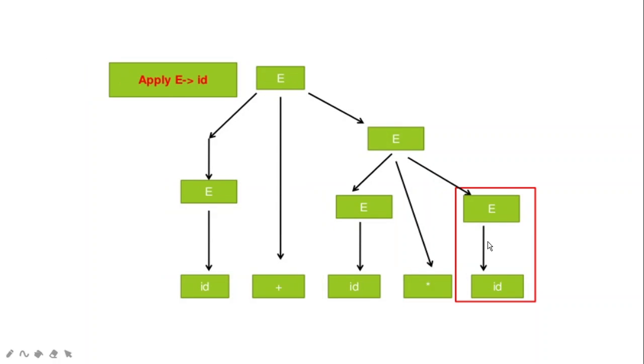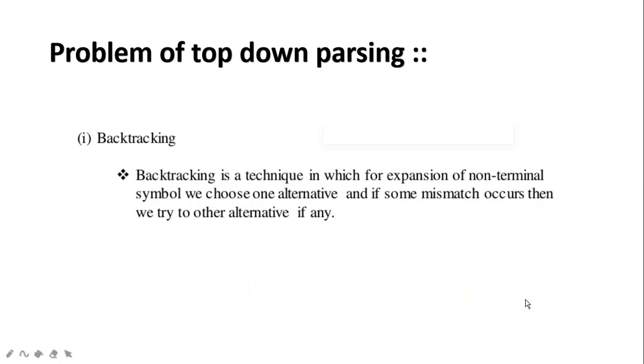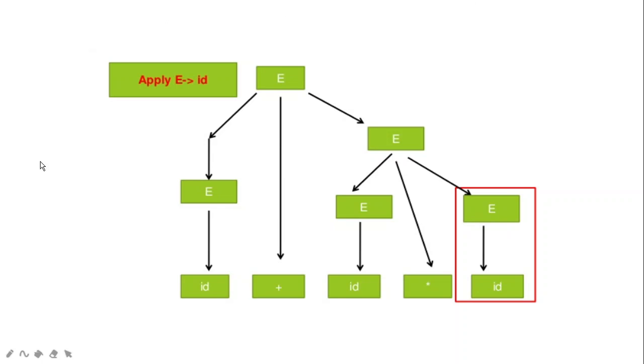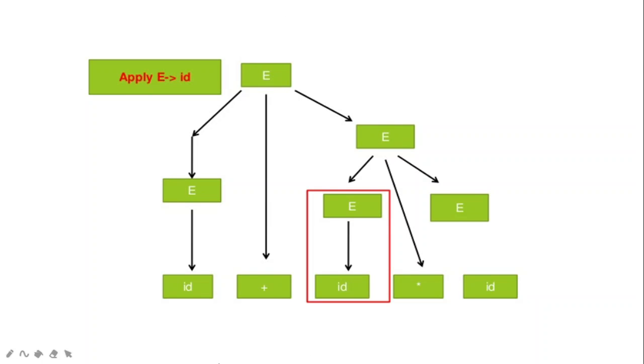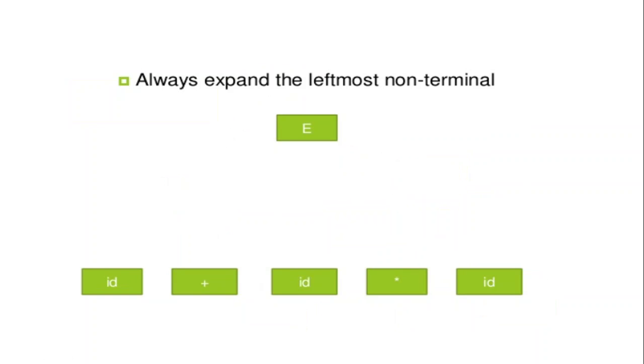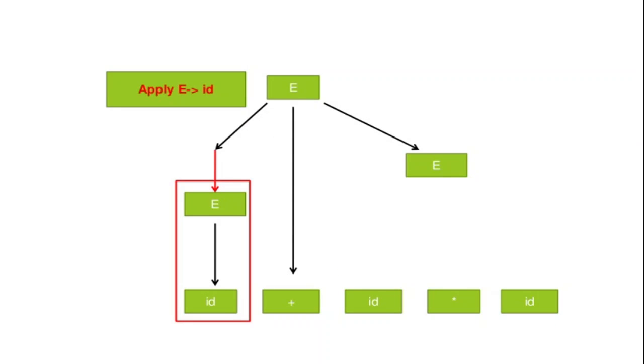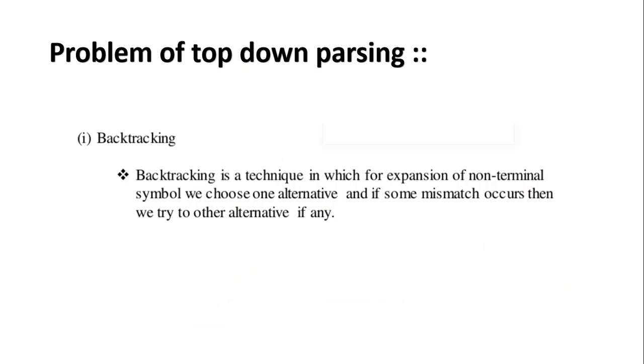Here you can see that again E with id, it means that it will produce this. Again we see that it will move, see the given diagram, from top to down. Okay, that is known as top down.